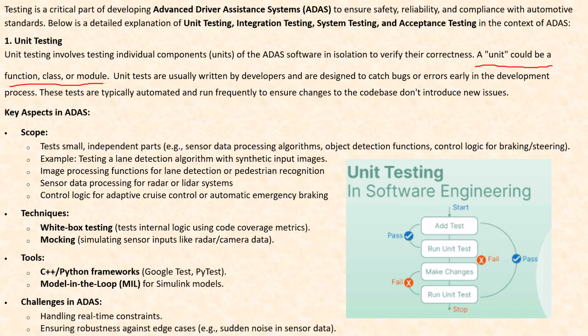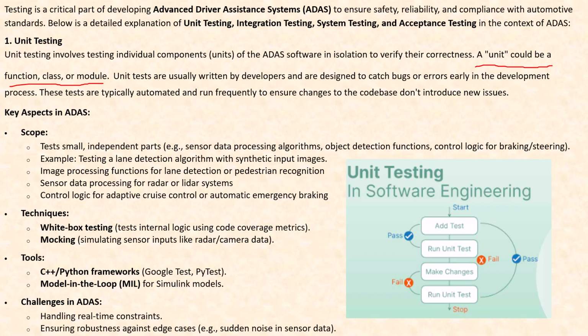So testing a particular algorithm for a given use case falls under the scope of unit testing. The second use case is image processing functions for lane detection or pedestrian recognition. Now this is again a very small use case. So basically unit testing is testing a given component of the software for a given use case. It can also include sensor data processing for radar or lidar system and control logic for adaptive cruise control or automatic emergency braking.